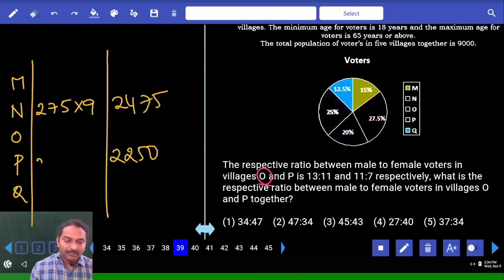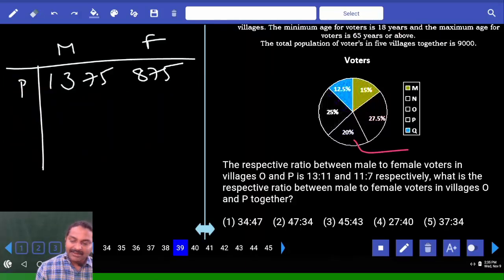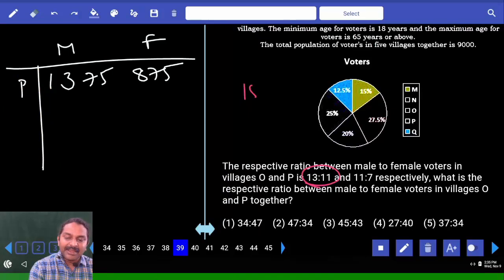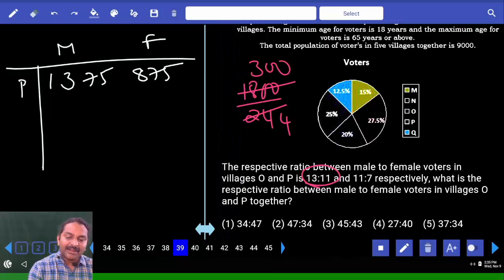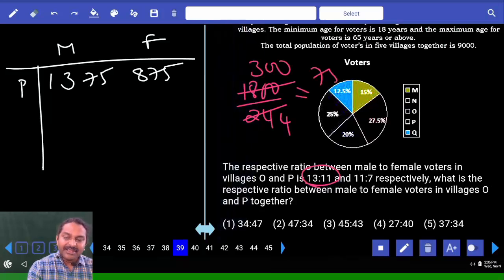Now we have to calculate it for O. In O, third one, what percent do we have? 20%, in the sense 1800 only. Now 1800 is divided into how many parts? 24 parts. 1800 divided by 24. 6, 4 times. 6, 300 by 4, 75.